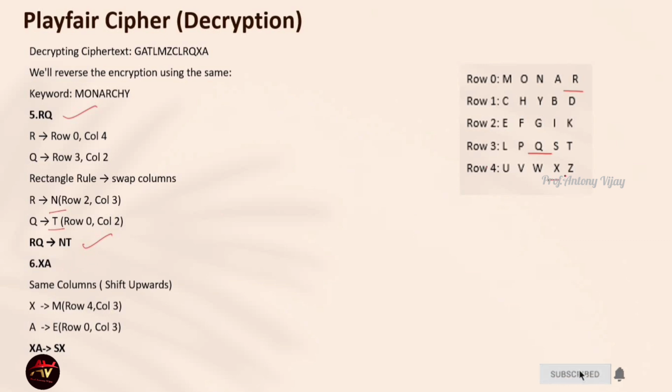Likewise, the last one is XA. Here X is there, here A is there. Both of them are in the same column, so we have to go upwards. For X, going upwards gives S. For A, you have to replace A with X. So this is SX.